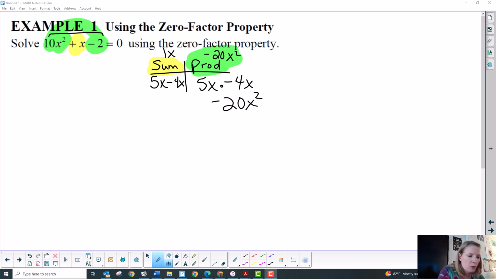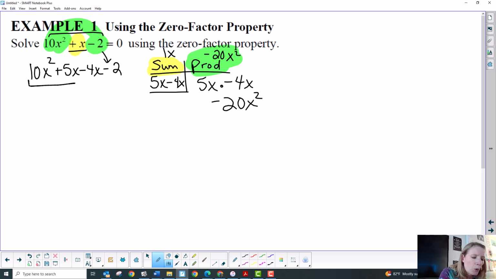So we're going to bring down the 10x squared, replace the 1x with 5x minus 4x, and then bring down the negative 2. Then we're going to group the first two and group the last two. You can take a 5x out of the first two, because 5 goes into 10 2 times, and 5 goes into 5 1 time.